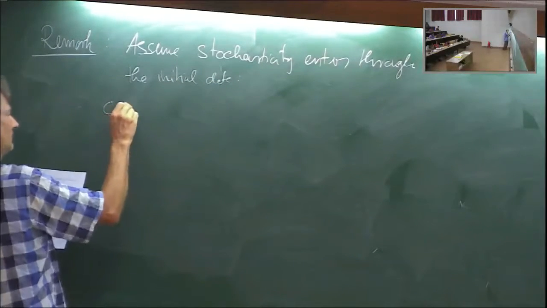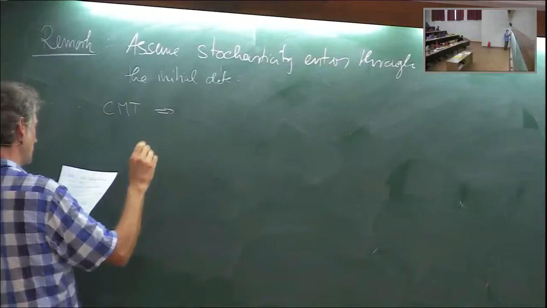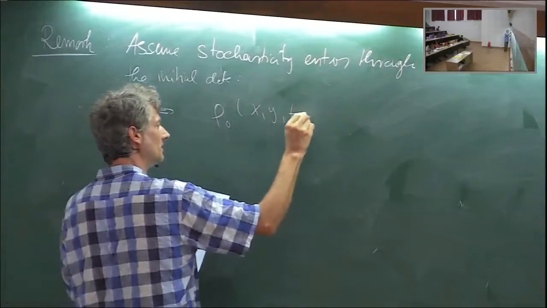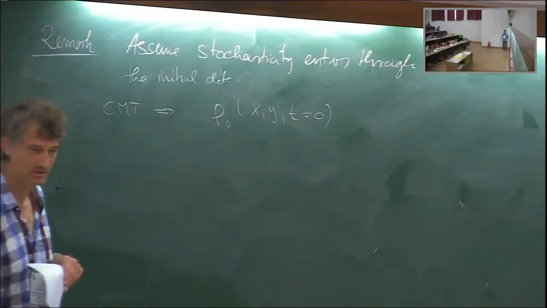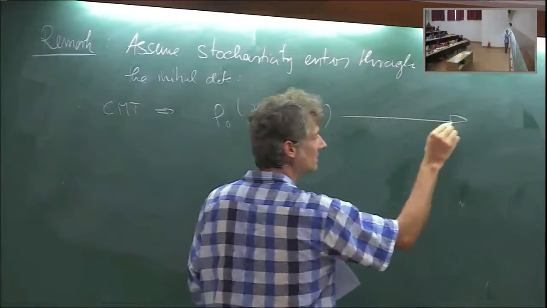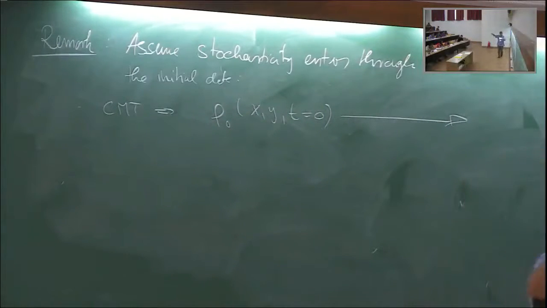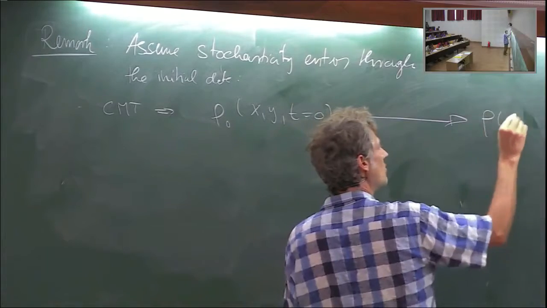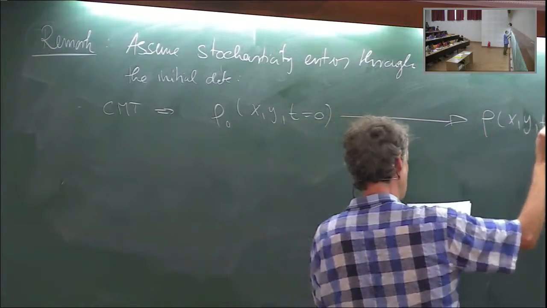So from center manifold theory, we know that rho naught, this initial condition at t equal to 0, will converge. This is some kind of cloud of points. All those points go down to the center manifold and then evolve on the center manifold. So this one will evolve into rho of x, y, and t.